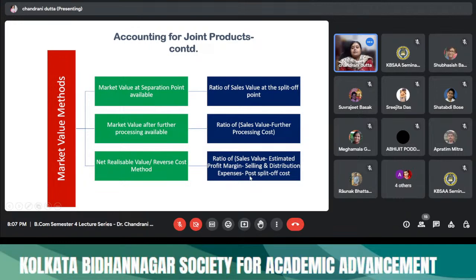I'm deducting the estimated profit margin, any selling and distribution expense, and the further processing cost or post split-off cost. So 3 deductions, based on whichever are applicable.